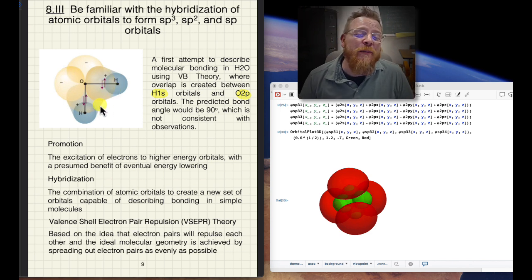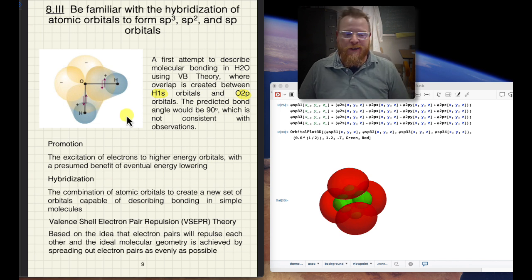We would predict the bond angle in water to be 90 degrees, which we know is not the case. It's not consistent with observations. So clearly something else is going on.